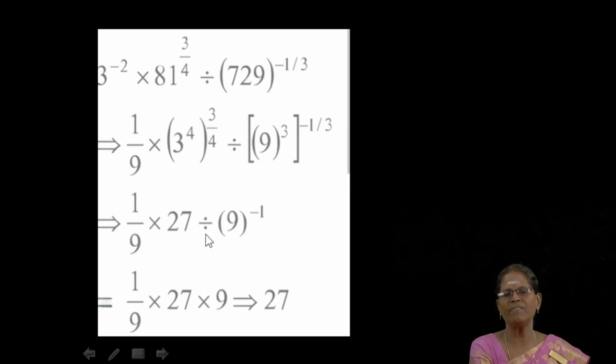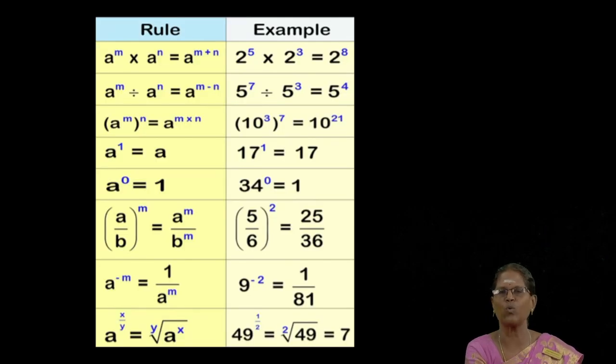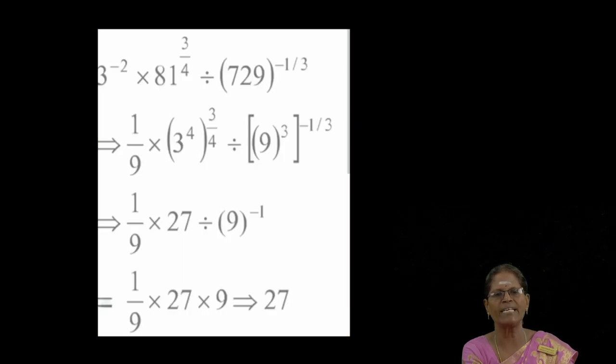Because the division has been converted into multiplication. 9 and 9 can be cancelled and the answer is 27. So when we want to work out any problem with the indices, we have to keep in mind all these rules. Applying any of the rules, we can find out the answer, we can simplify, we can evaluate.